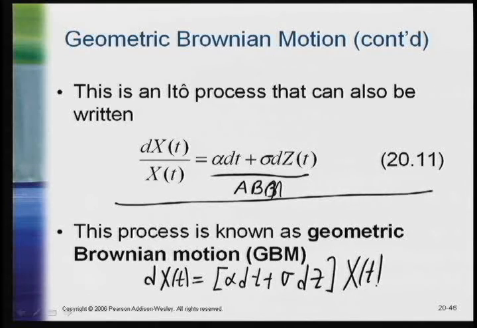So that's clear, hopefully, from equation 20.11, but just to be more explicit, it's saying that at every point in time the change in x is proportional to x, and the proportionality factor has two components. It has a fixed drift component and a variable component. So at each point in time, change in x is proportional to x, and the proportionality factor has a variability to it.